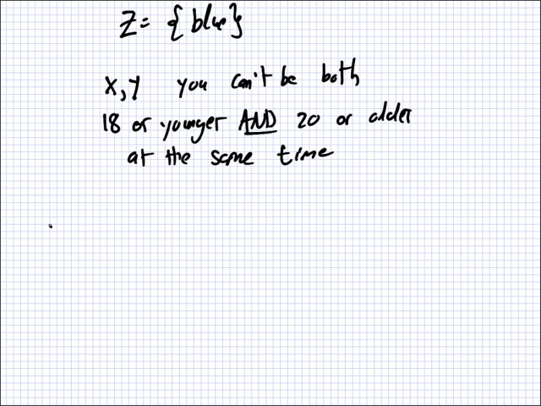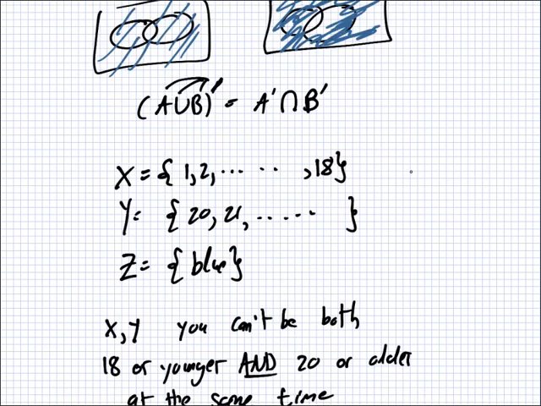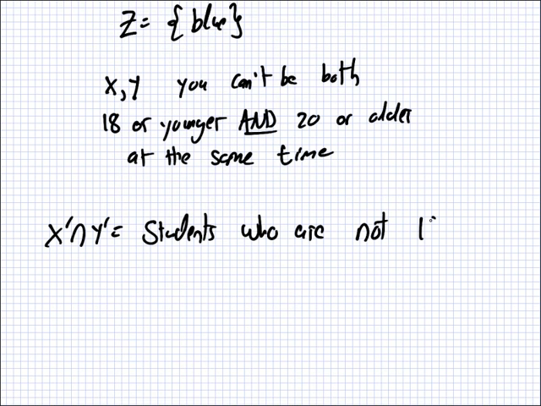So you would say not X and not Y means students who are not, what are they? Not 18 or less. So then in brackets that means, i.e., 19 or older.